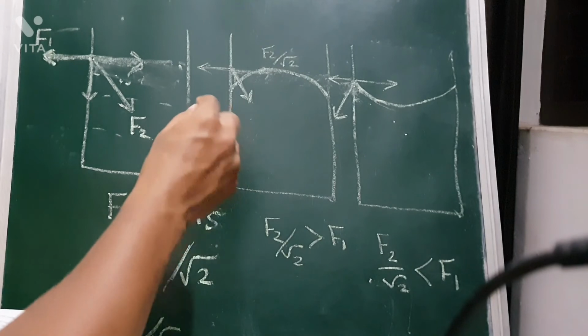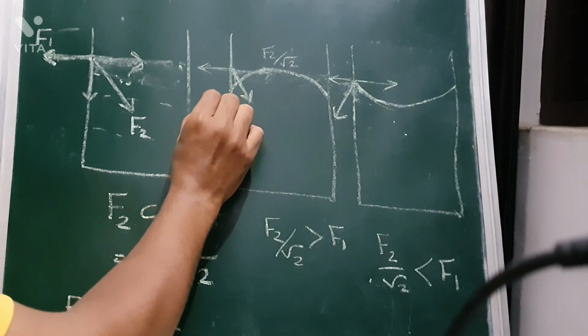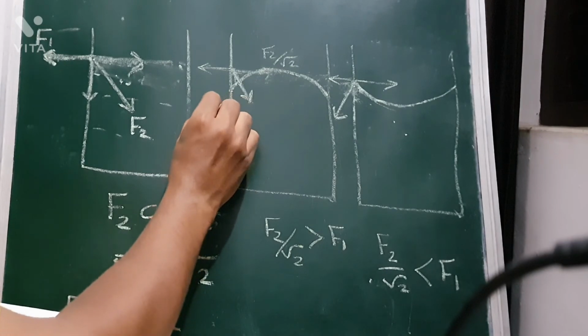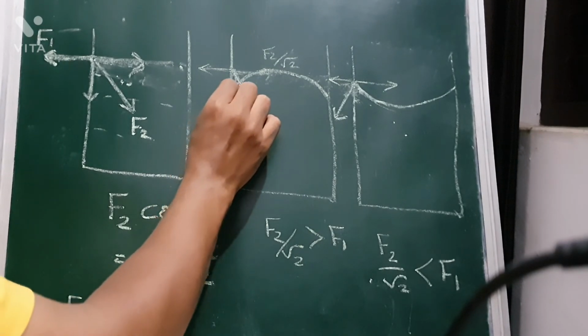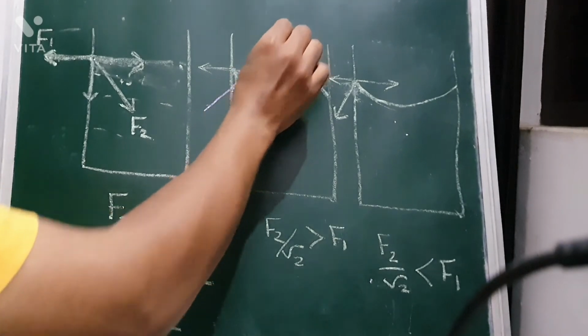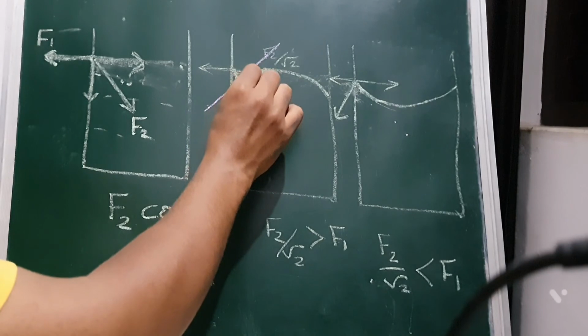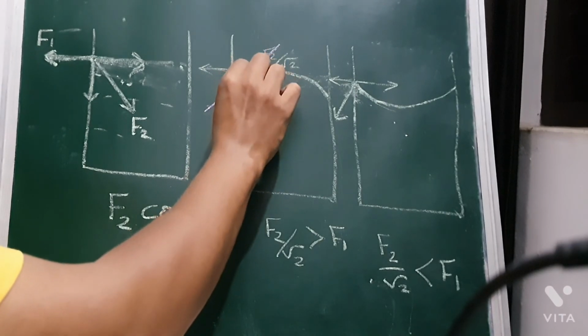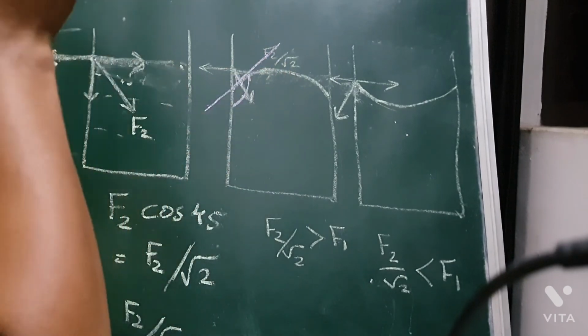So suppose we take this surface, then for the angle of contact we draw a tangent at this position, and the angle which it makes with the solid surface is the angle of contact.